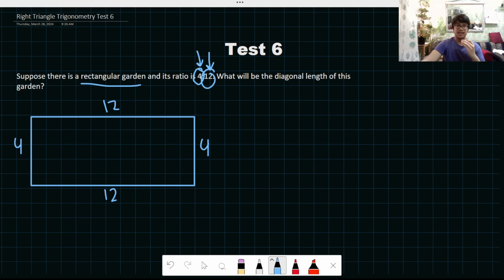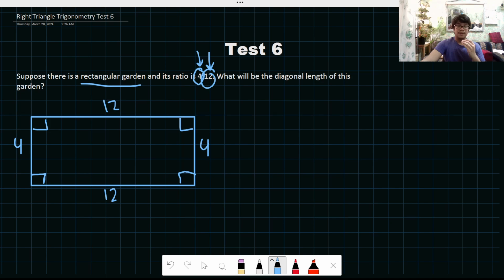Now, you see in a rectangle, there are two things you need to know. Each corner of the rectangle has a right angle. So that means we can have a right angle here in each of the corners. And this right angle is, in other words, a 90 degrees angle. Okay?